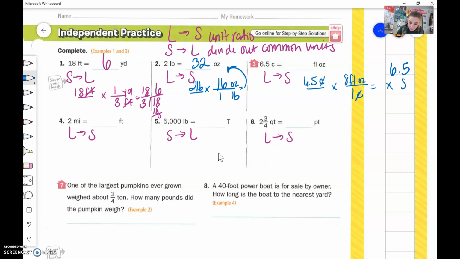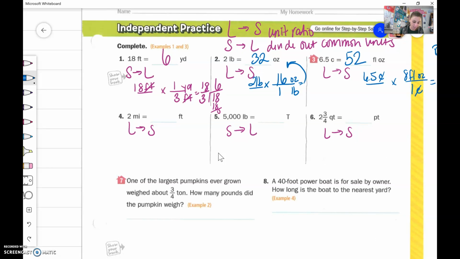I'm going to move that decimal over. There's a 1 there, and I'm going to multiply. So 8 times 5 is 40. 8 times 6 is 48, plus 4 is 52. And now I need to move that decimal back in 1 spot, and my answer is 52. I don't need to have 52 point 0. Doesn't matter. So I get 52 fluid ounces.